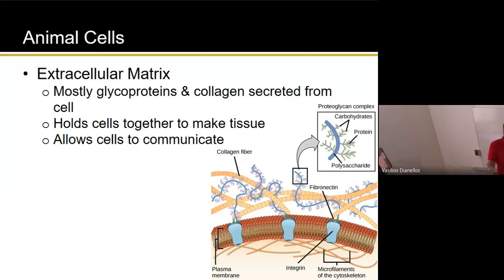You're made up of a bunch of cells, not just one, so it's this extracellular matrix that holds you together. Also, and this will be slightly important later, your cells need to communicate with each other, and this is one of the ways it happens. But I'll put a big X on this to indicate it will not be on any of the exams.